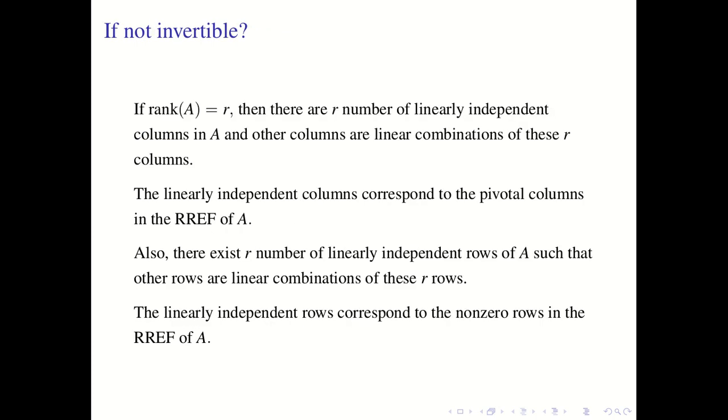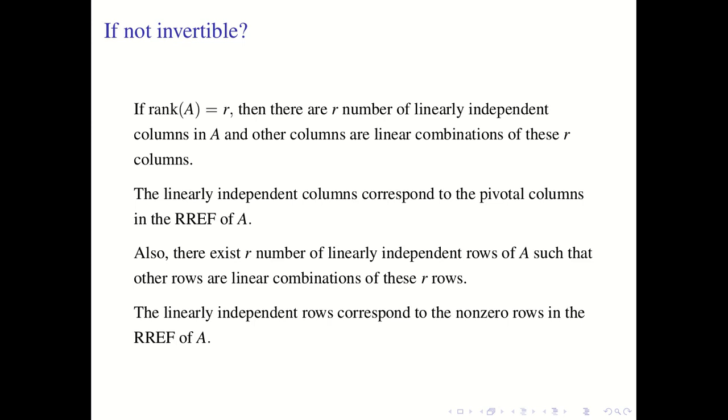Now what happens if A is not invertible? Let's try to understand the connection between the rows and columns of A. Suppose rank of A is equal to R. Then this means that there are R linearly independent rows, and there are R linearly independent columns.